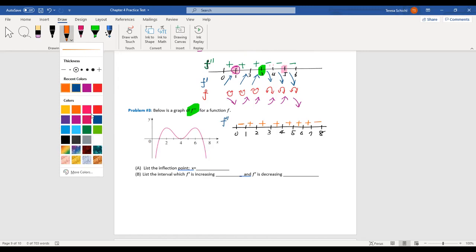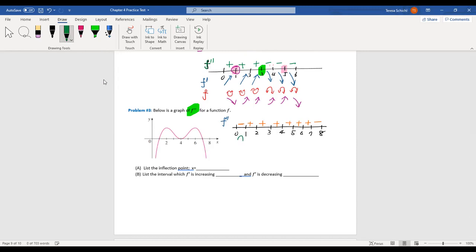Now let's graph it. I know f double prime is here, so this is concave down here, then all concave up from here. Then here it is concave down again. Where is the inflection point, where the concavity changes?